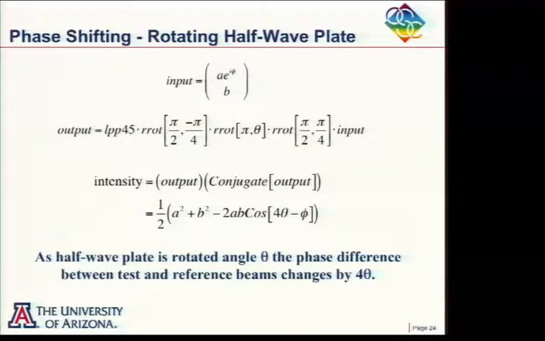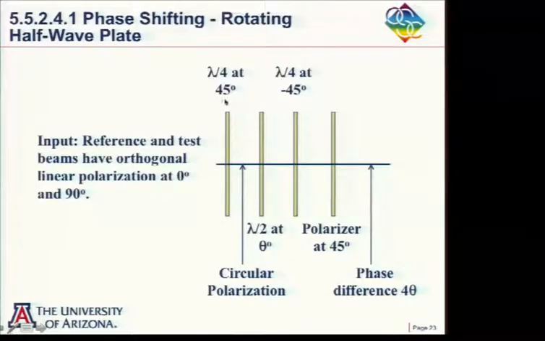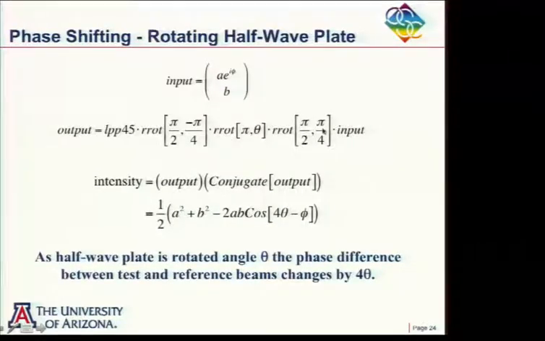So going back to the Jones calculus here, we could write the input as linear polarization, and there's some phase difference between the two, which is phi. The whole goal here eventually will be to measure what phi is, but right now we're just going to do phase shifting. So this is our input, and then we put that through the quarter wave plate at 45 degrees. And so that's here.